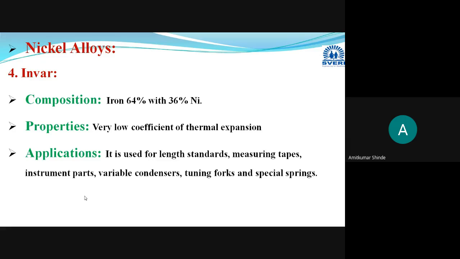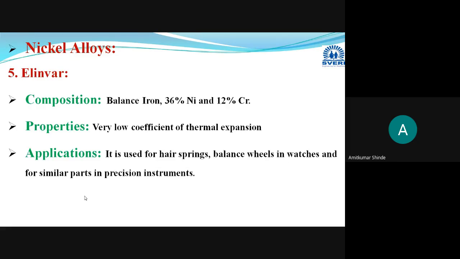After this Invar, the next nickel alloy is Elinvar. This also we have discussed in brief. Characteristics will be the same, just the composition will be different here. Extra chromium will be added, 12% chromium. You can easily remember that it is used in manufacturing different parts of your watches or precision instruments.